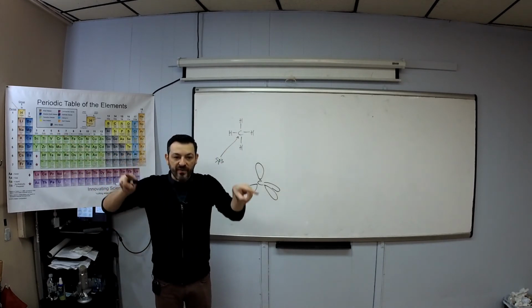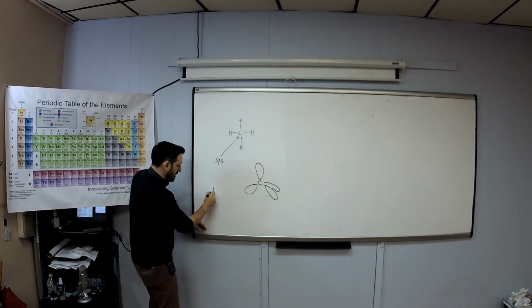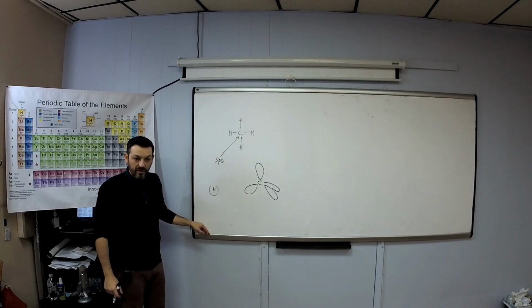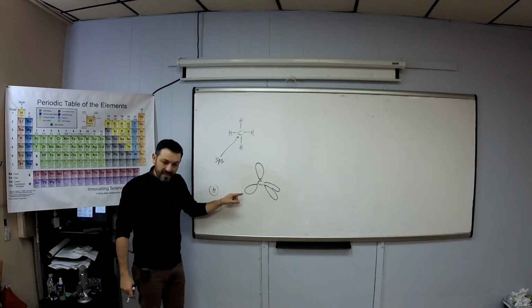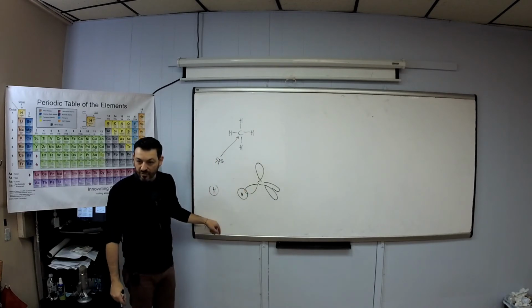So you draw the letter H and you put a sphere around it, because that's the way that s orbital looks. So here is a hydrogen with an s orbital. So the bond would look like this when this orbital overlaps that orbital. So you would draw a hydrogen outside of this orbital and then put a sphere around it in a way that those two overlap. Do you see?